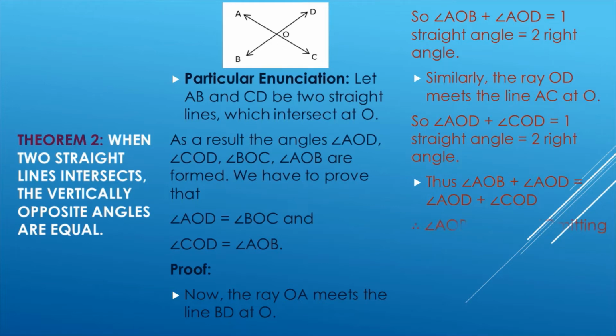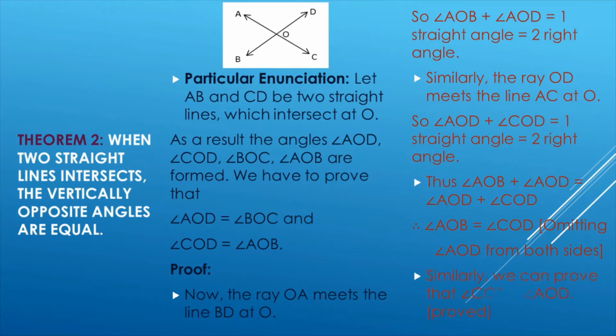Now, as you can see, on both sides, angle AOD and angle AOD, that is left side and right-hand side, is available. So we can omit the angle AOD from both sides. And we can write angle AOB equals angle COD, that is the rest of the thing.